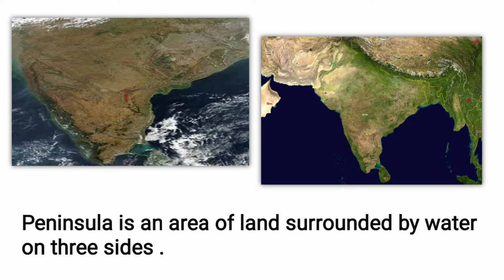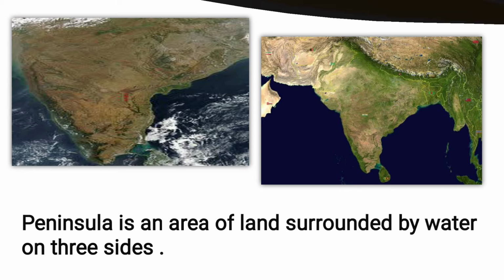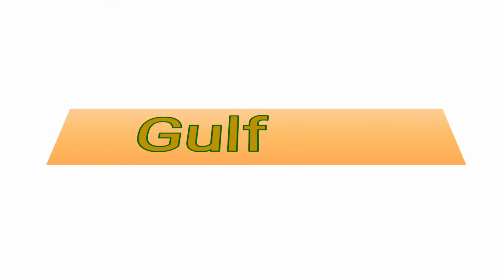So a place or a land surrounded by water from three sides is known as a peninsula. So, the Arabian Peninsula, which is situated in Asia, is the largest, and the Pyrenees Peninsula, which is in Europe, is the smallest peninsula.